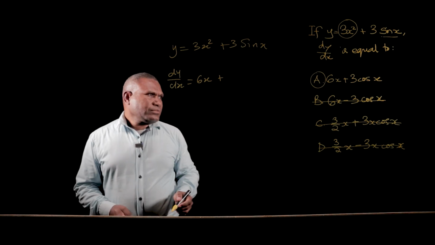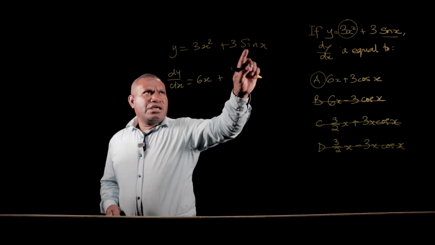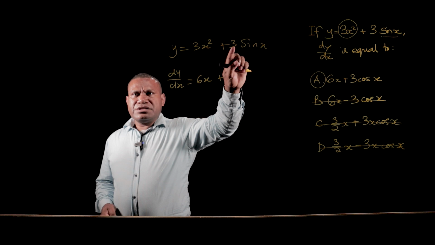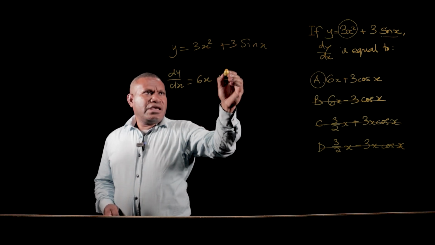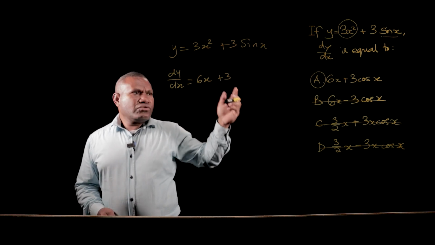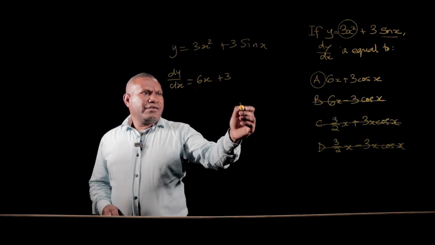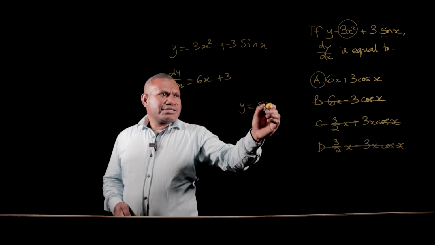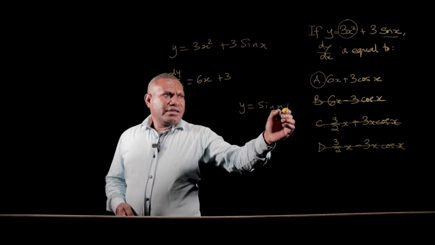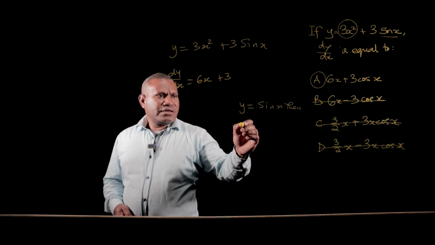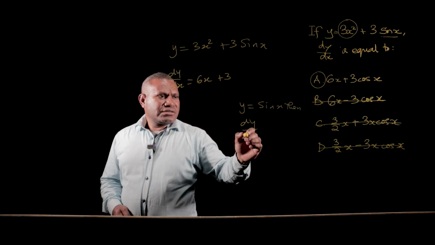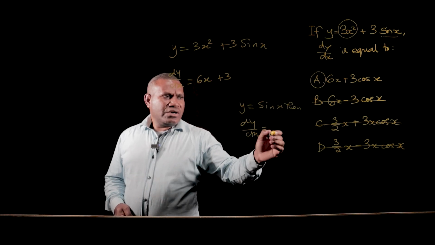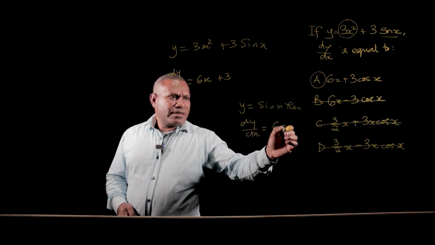So it is 6x raised to the power of 2 minus 1, which is just 1. Plus, as we have predicted, this coefficient here will remain as it is. And then we just apply the rule: if y is equal to sine x, then the derivative of this function will be cos x.